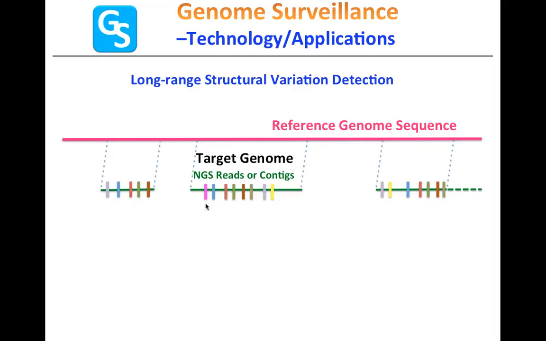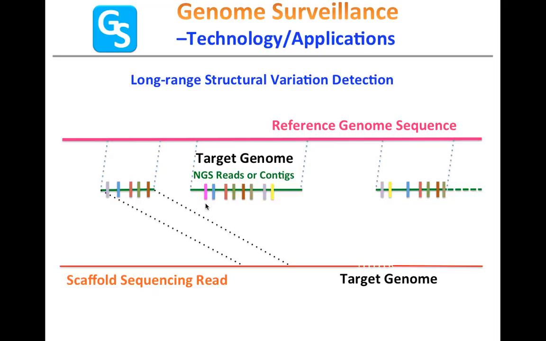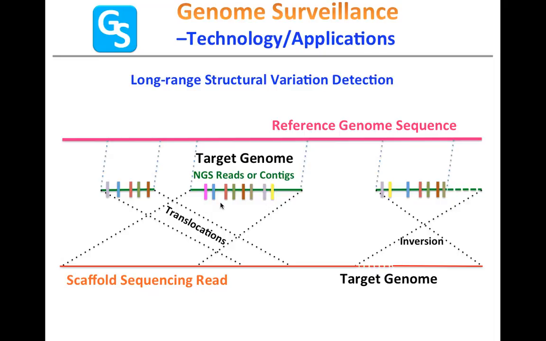However, it is very difficult to see the overall picture of the target genome structure and organization. By scaffold sequencing, you can use the long scaffold sequencing read to detect large genome rearrangements, such as translocation, inversion, duplication, etc., relative to the reference genome sequence.